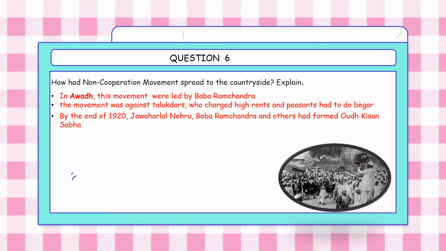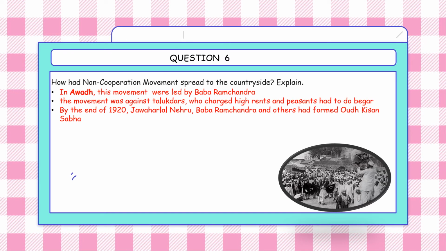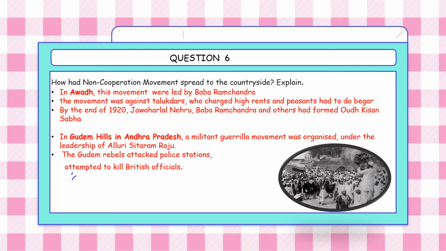Now let's see what happened in Awadh. In Awadh, peasants were led by Baba Ramchandra. The movement was against talukdars, who charged high rents, and peasants had to do begar. By the end of 1920, Jawaharlal Nehru and Baba Ramchandra formed the Oudh Kisan Sabha. Now, what happened in Gudem Hills? In Gudem Hills, Andhra Pradesh, a militant guerrilla movement was organized under the leadership of Alluri Sitaram Raju.